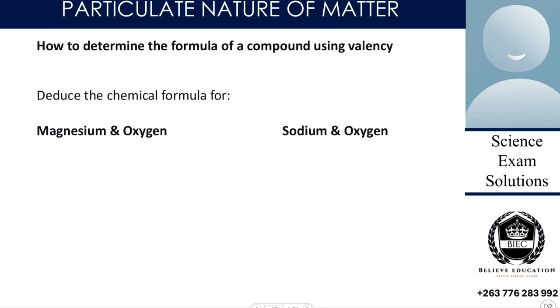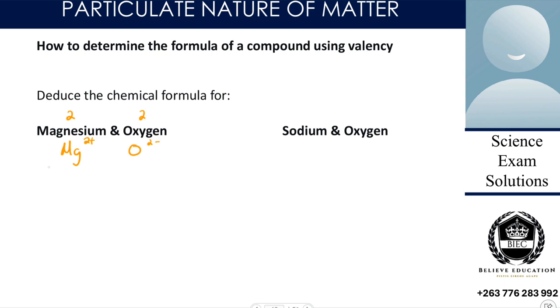So we go for magnesium, Mg, then oxygen, O. Magnesium has a valence of what, 2, then oxygen has a valence of what, 2. So magnesium forms an ion which is 2 plus, then oxygen forms an ion which is 2 minus.